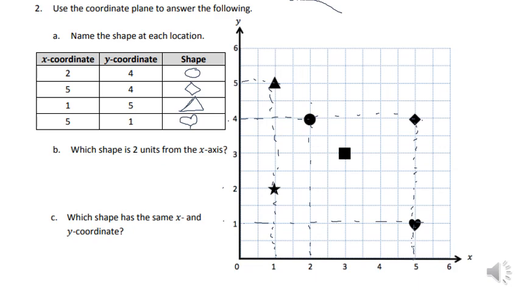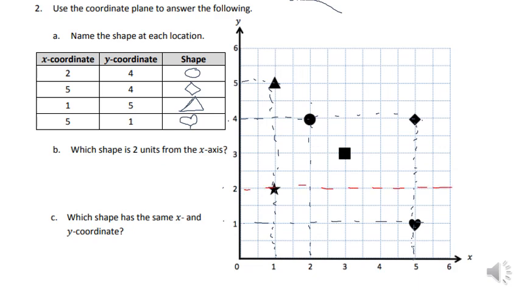Now it says which shape is 2 units from the x-axis. Now I'm going to change my color real quick on my pen so I can show you better. All right, now it says 2 units from the x-axis. So here's my x-axis, and it wants to say 2 units from the x-axis.